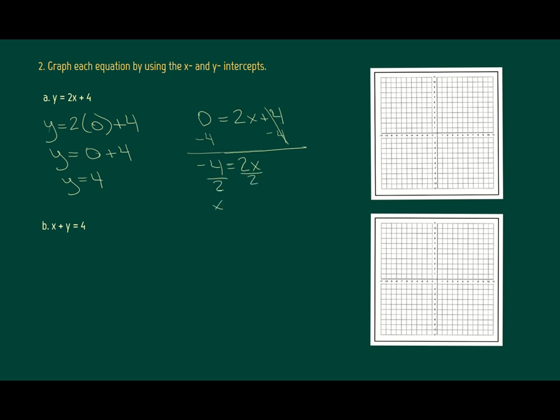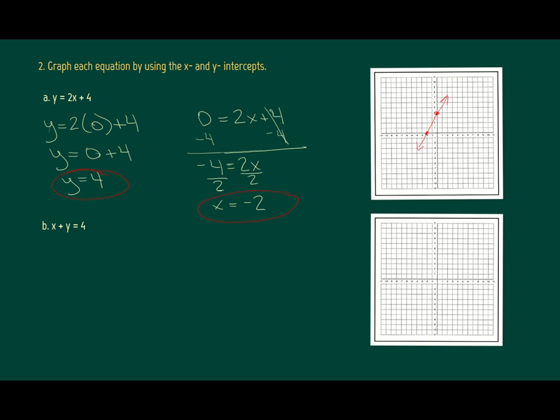And I'll find my x-intercept was negative 2. So what I'm going to do is graph this by plotting my y-intercept at 4 and my x-intercept at negative 2 and connect the dots. That's how you do that.